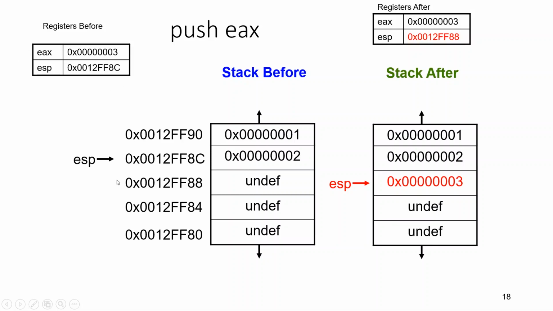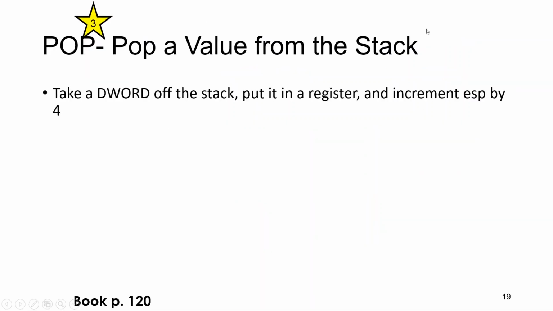So ESP is decremented by 4 and then the value 3 is pushed onto the stack. Now ESP points to this address and has the 03 value here, as shown in the stack after, and ESP is changed to this address. EAX is as usual because we did not modify EAX, we just pushed onto the stack.